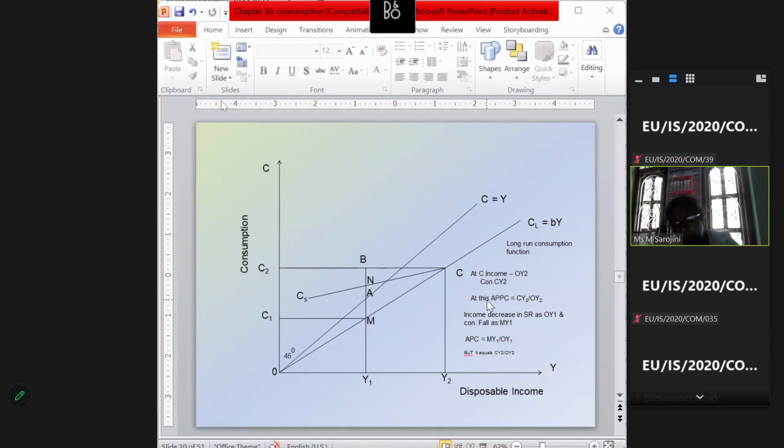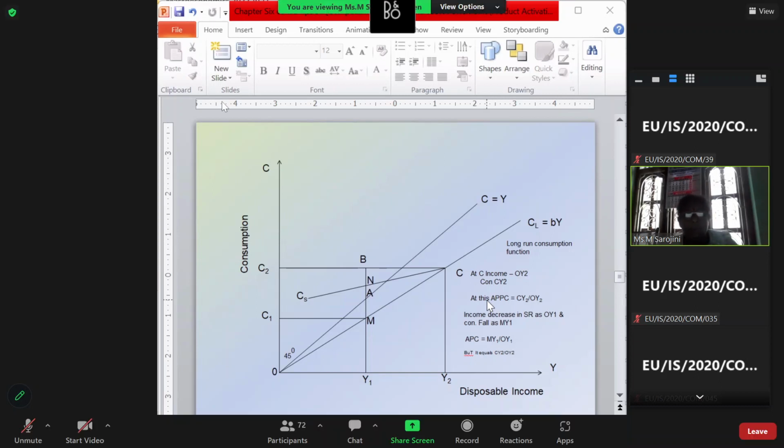What does the Keynesian absolute hypothesis explain? When the income decreases, consumption also decreases. On the other hand, once the income increases, consumption also increases. At that point, we can observe here, right?